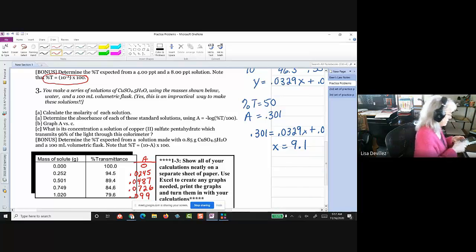Okay, now going to stat and L1, we've got 0, 0.252, 0.501, 0.749, and 1 for the concentrations. Then L2 has 0, 0.0245, 0.0487, 0.0726, 0.099.